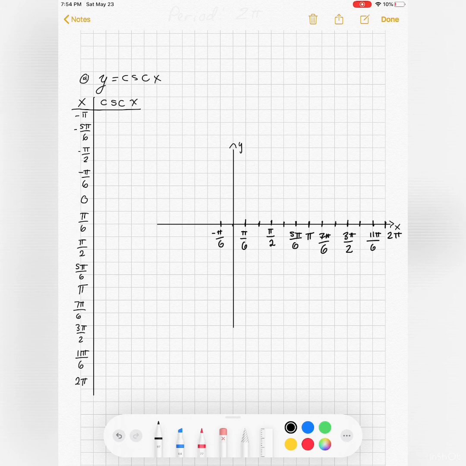So negative a sixth, negative 2/6, negative 3/6, negative 4/6, negative 5/6, negative 6/6.